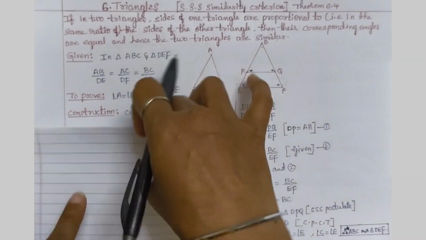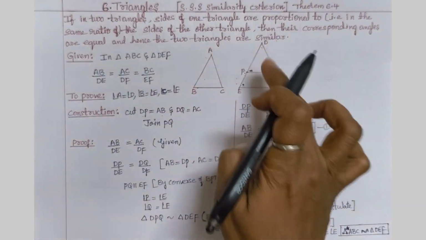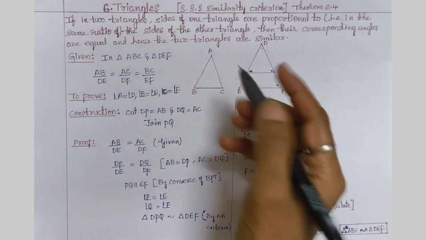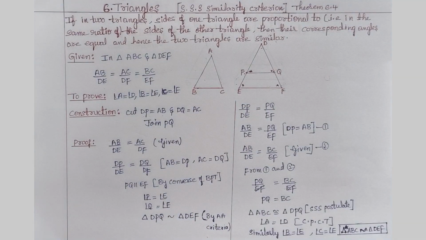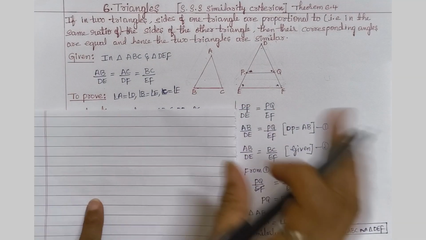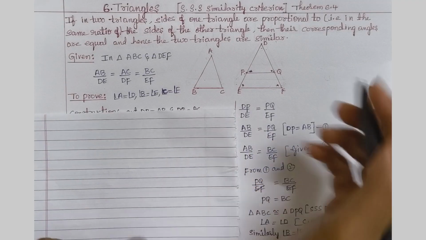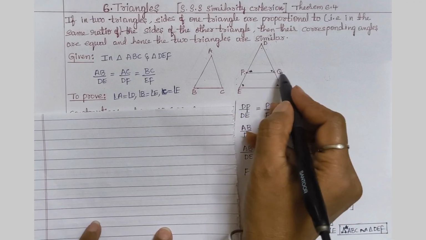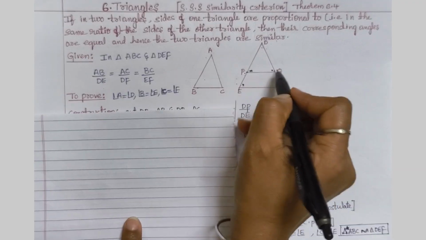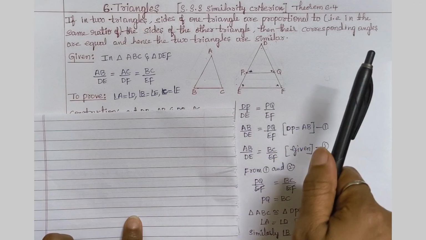Try to understand. Here I will explain. Up to here, these two triangles, similar triangles, we have proved. Now we will prove what? ABC triangle, DPQ triangle. We have to prove congruent triangles. Now we only proved PQ parallel to EF. So now see here, this triangle, which triangles? It is similar triangles.